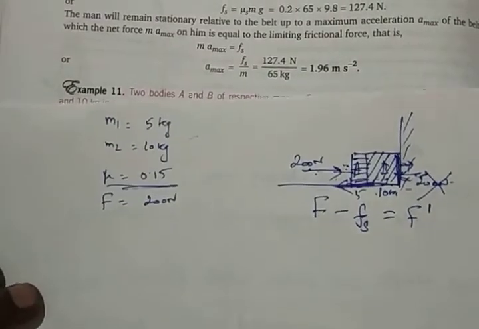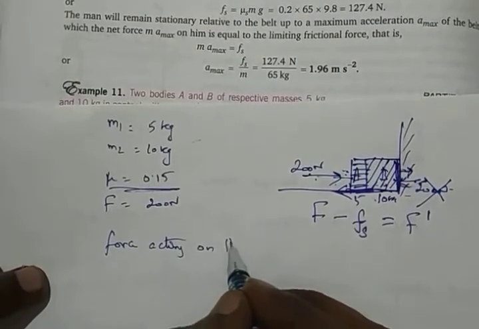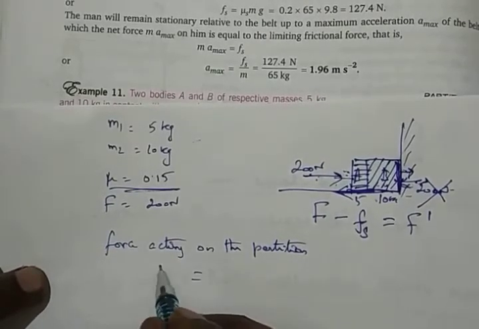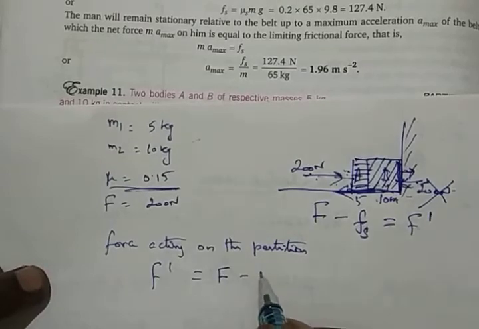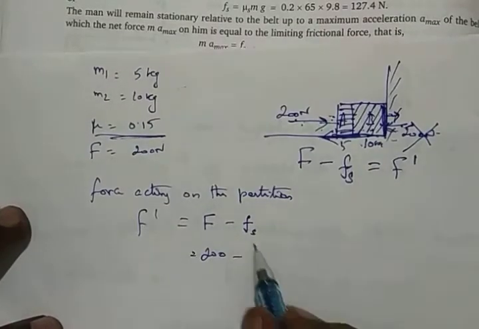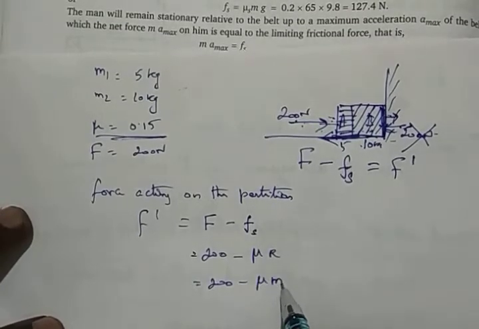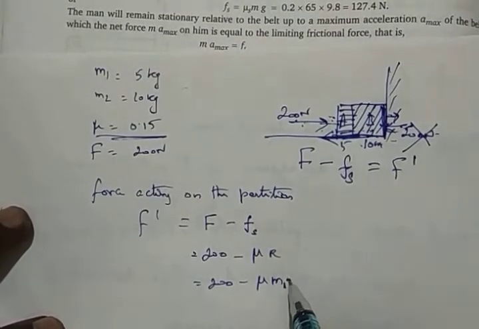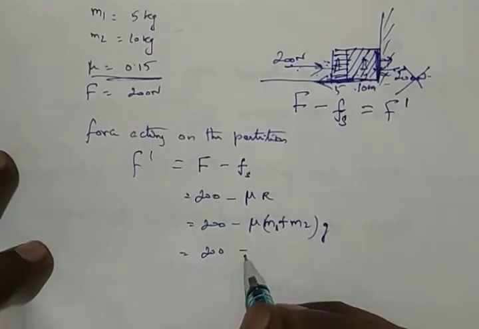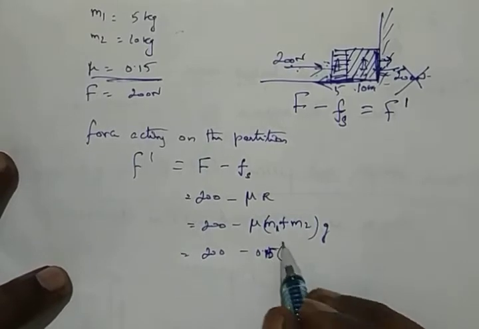Right? So you can write down the force acting on the partition is equal to F dash is equal to capital F minus the frictional force. So this is 200. What is the frictional force? Mu into R. So it is mu into M into G. So you can say (M1 plus M2) times G. So it is 200 minus 0.15, and what is M1 plus M2?